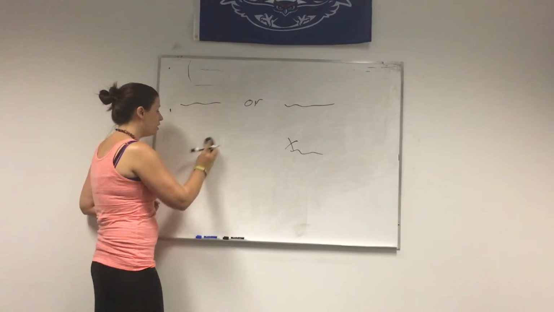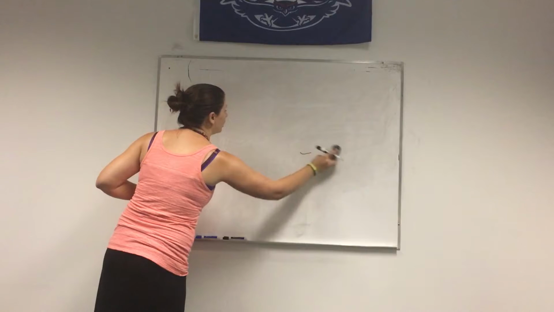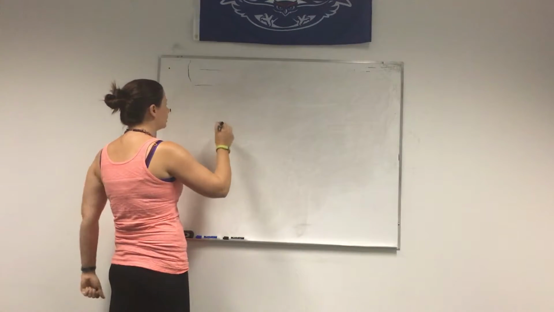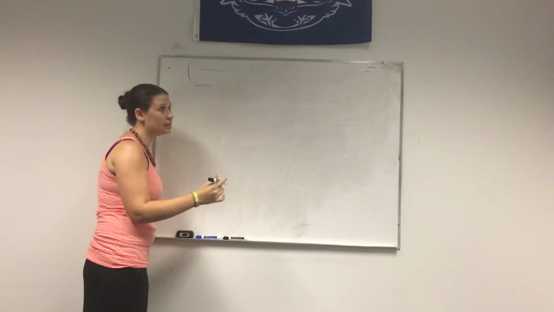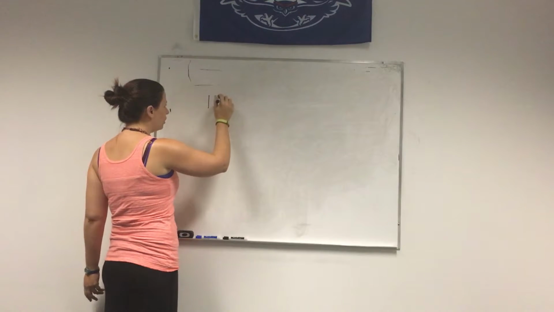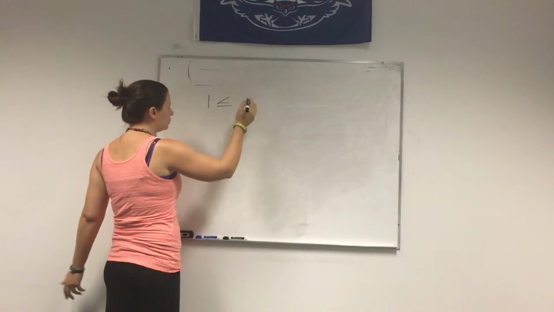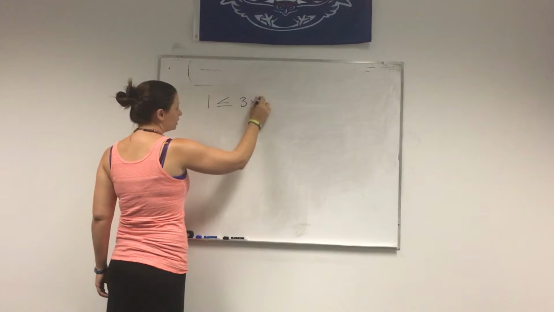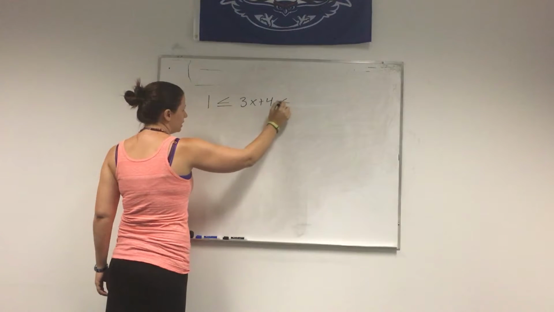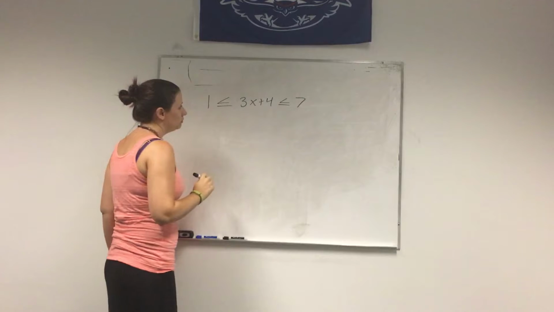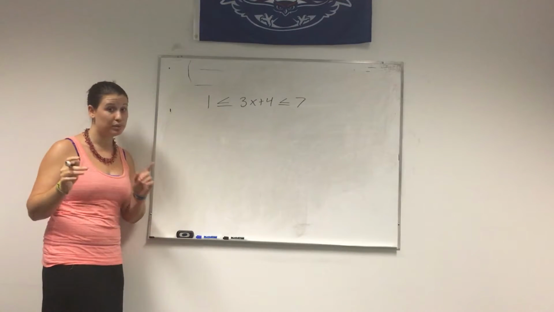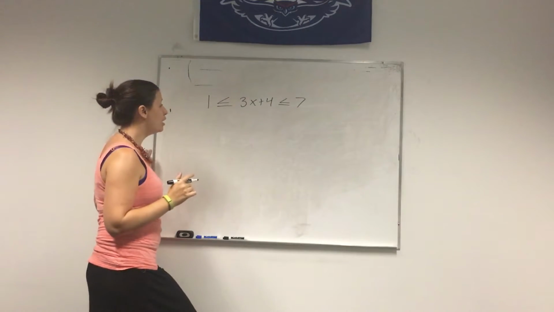Now, there's one other type of compound inequality that you can get. It's one that has three sides. So say we had 1 is less than or equal to 3x plus 4 is less than or equal to 7. I actually don't know if this works or not. I hope it does, since I just made it up.